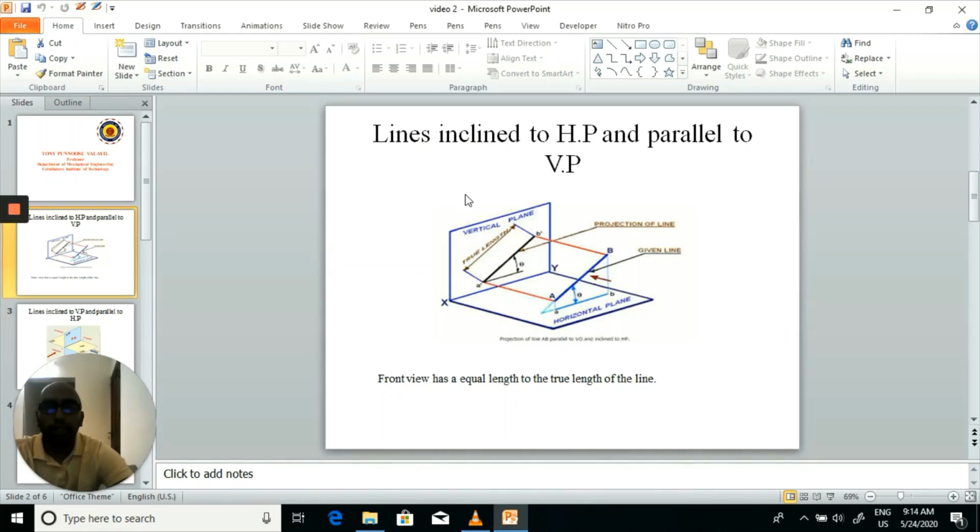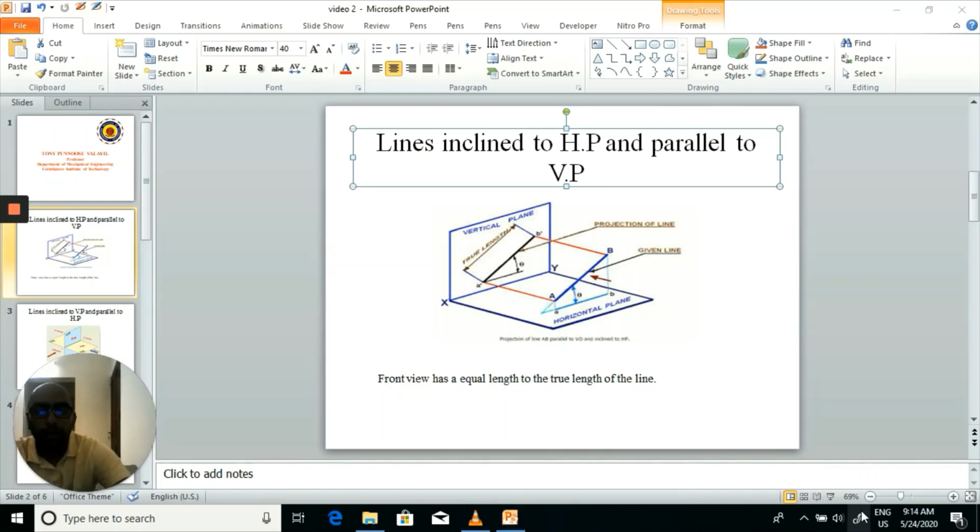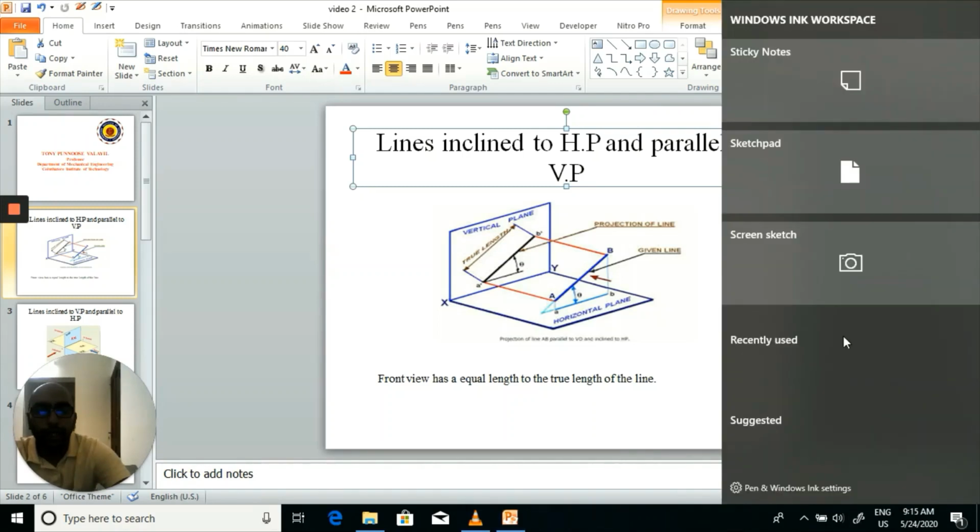So in that, this is the first topic: a line which is inclined to HP and parallel to VP.